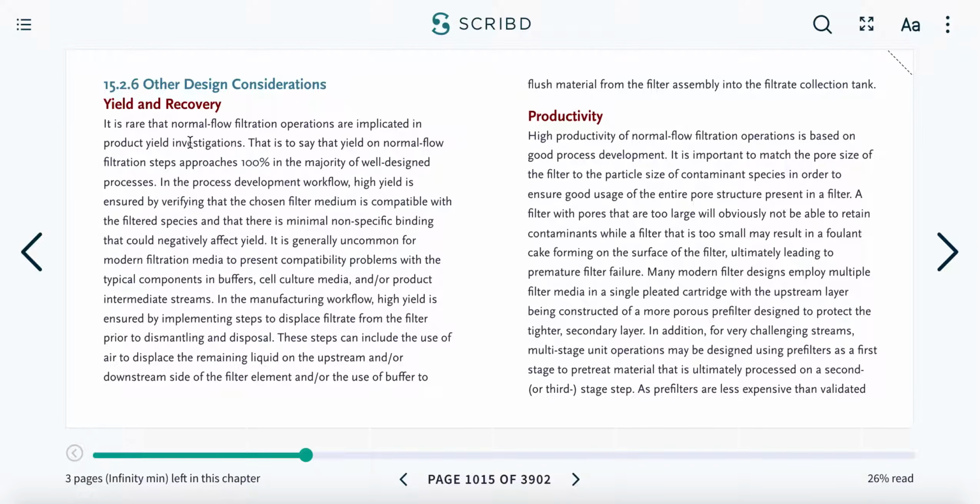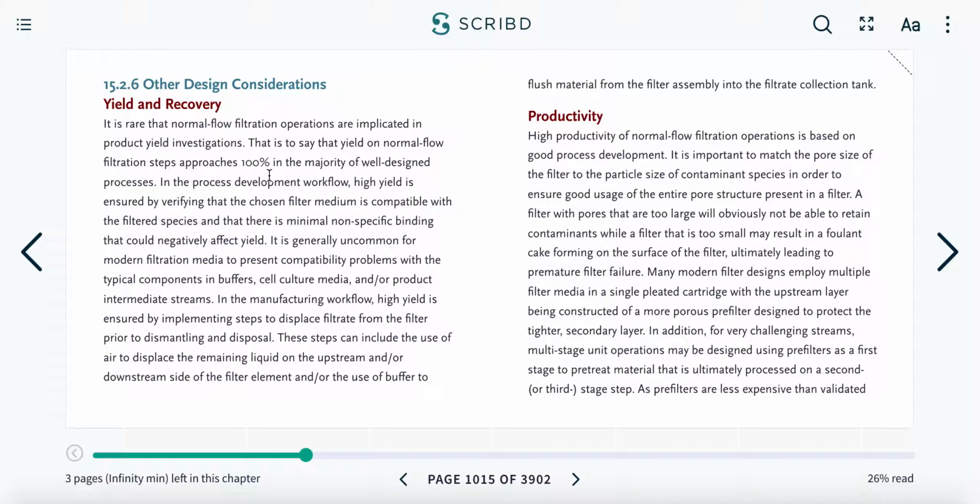It is rare that normal flow filtration operations are implicated in product yield investigation. That is to say that yield on a normal flow filtration step approaches 100% in the majority of well-designed processes. In the process development workflow, high yield is ensured by verifying that the chosen filter medium is compatible with the filtered species and there is minimal non-specific binding that could negatively affect yield.